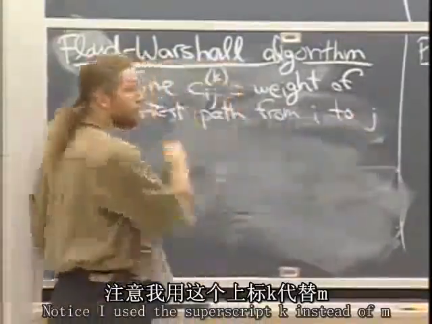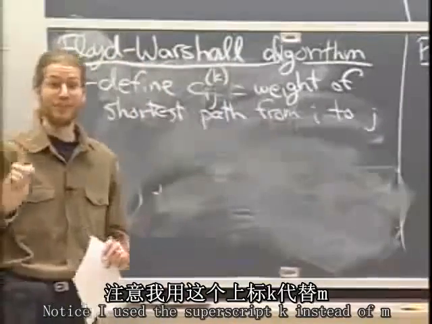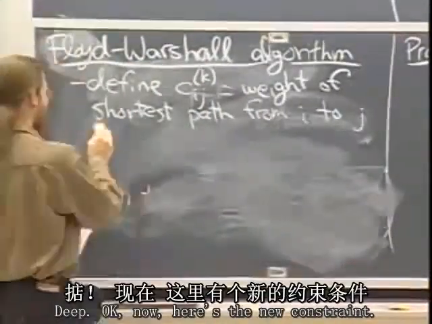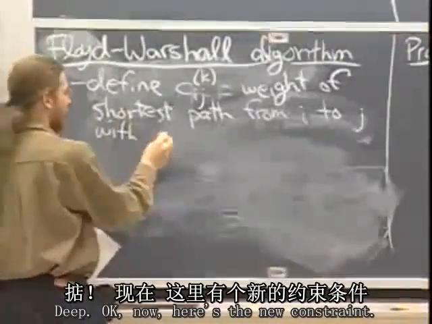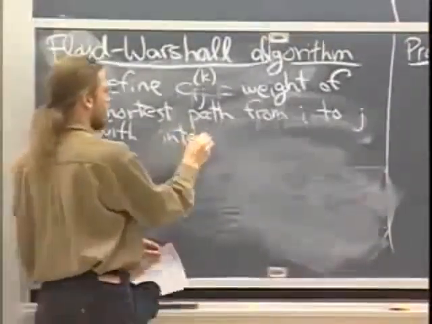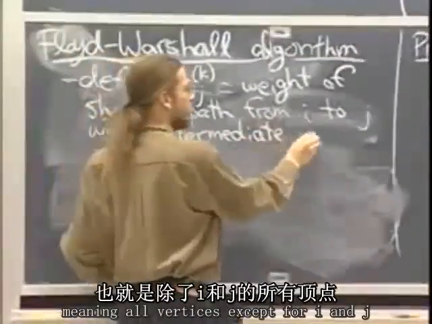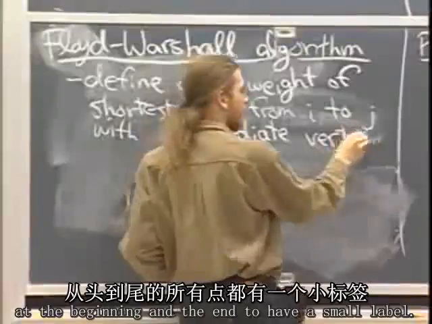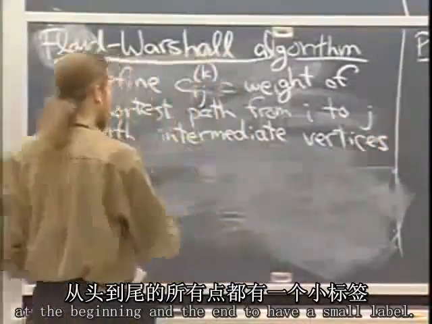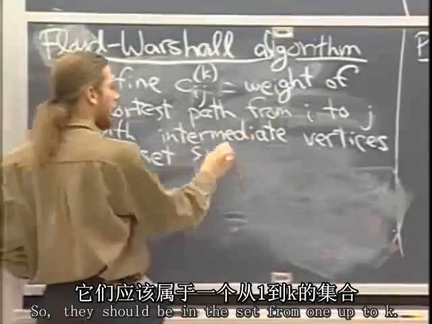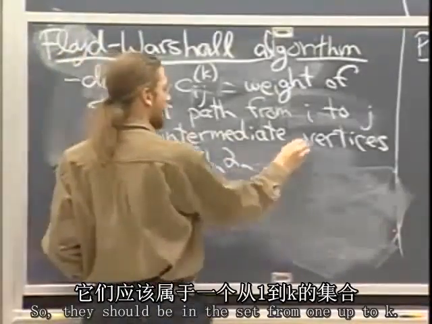Notice I use the superscript k instead of m because I want k and m to be the same thing. Ooh, deep. Okay, now here's the new constraint. I want all intermediate vertices along the path, meaning all vertices except for i and j at the beginning and the end, to have small label. So they should be in the set from 1 up to k.